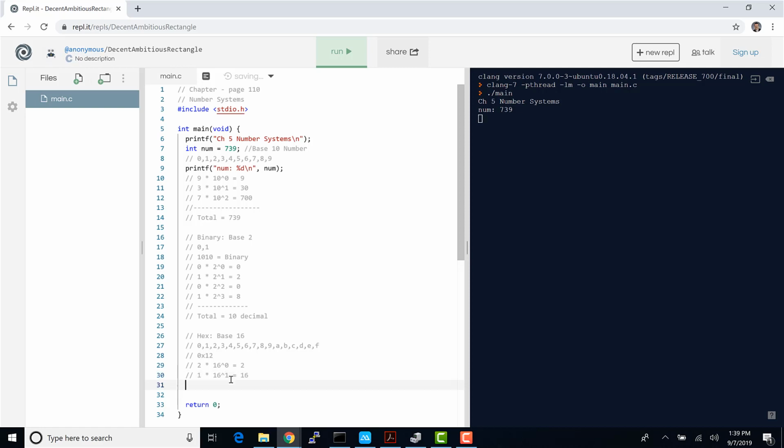And so we would have 16 in decimal. And so what that means, if we added these up, of course the total would be 16 plus 2, so it would be 18. So basically, when you look at hex 1, 2, you're actually looking at decimal 18.